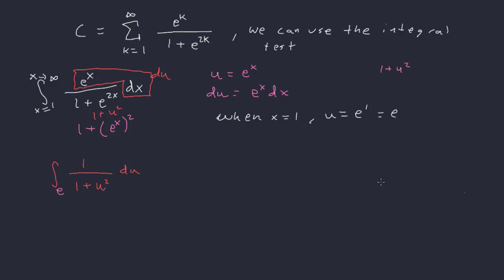Our upper limit, as x goes to infinity, u, which is e to the x, also goes to infinity. So our upper limit is still infinity. This is still something to be careful with. You never know.